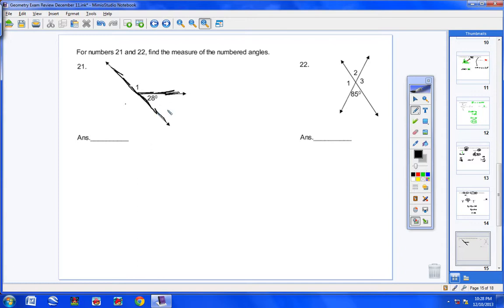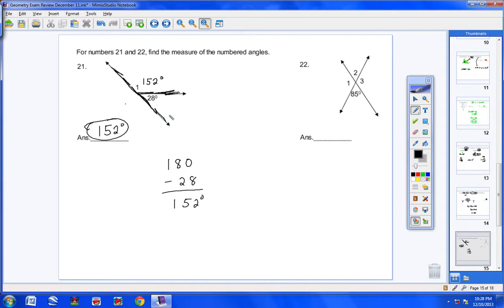Okay, so I have 28 degrees here. I'm going to take 180, subtract out 28 degrees, and that would leave me with 152 degrees. So angle 1 here has to be 152 degrees, because when you add 152 plus 28, you're going to get 180.